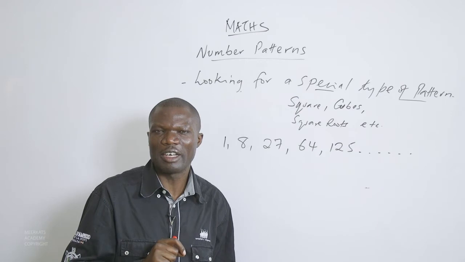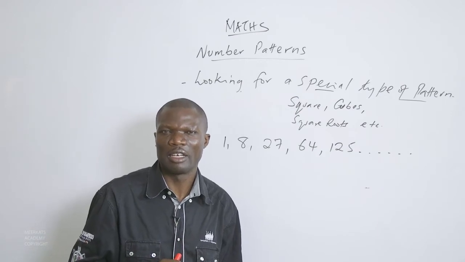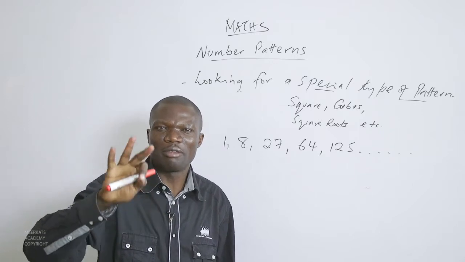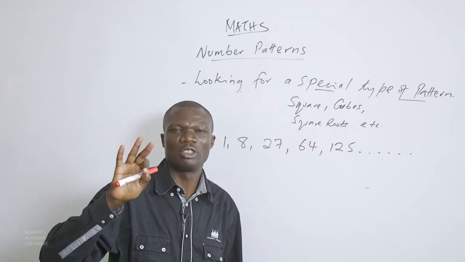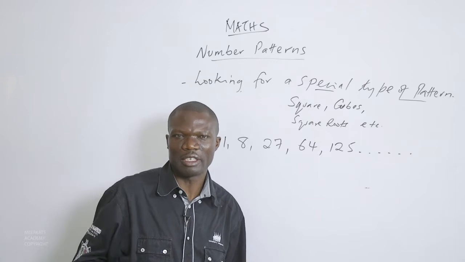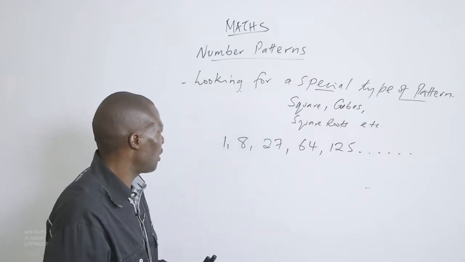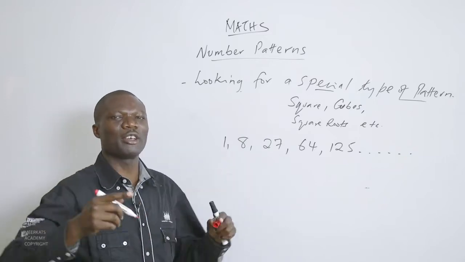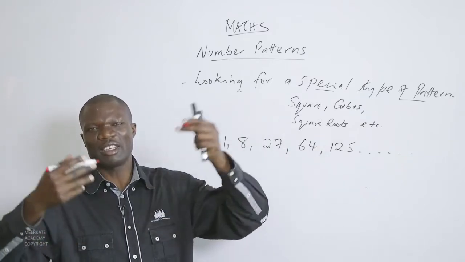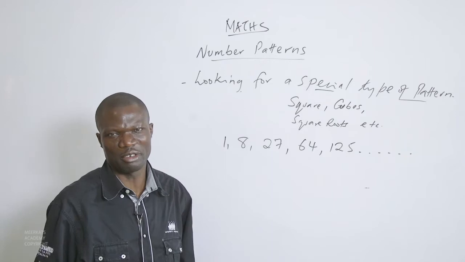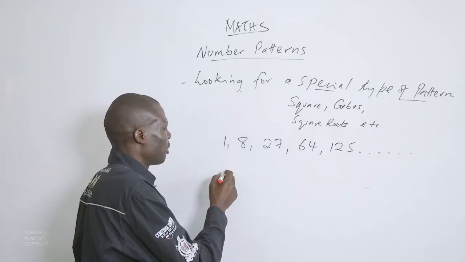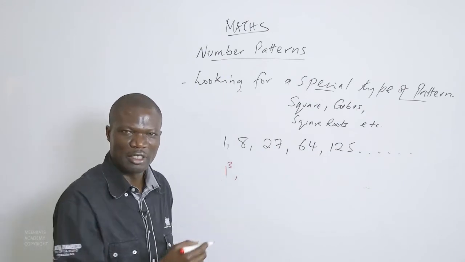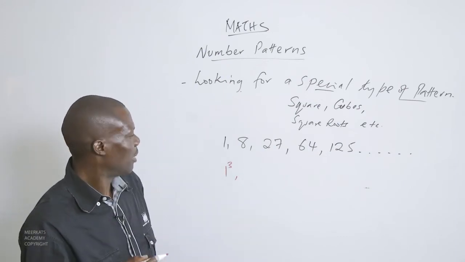The cube root of a number means that if a number is multiplied by itself 3 times, it gives that number. Therefore, you'll realize that this is equivalent. So I'm going to take the cube root of every term, and you'll find that the cube root of 1 is 1. Therefore, 1 cubed still gives us 1.